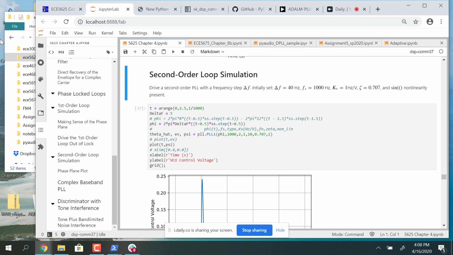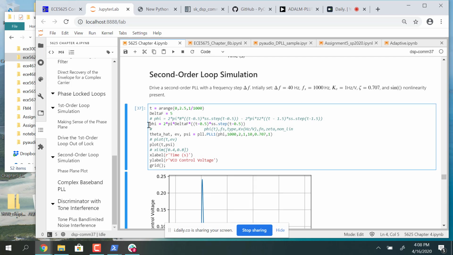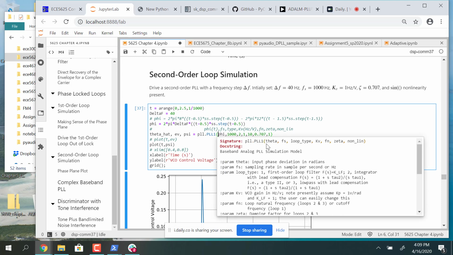So we're going to set up just a frequency step. It looks like in that example I had 40, so I'll put in 40 for delta F. Then in our phase lock loop simulation function, PLL1, we just have to go inside of that and hit Shift Tab to see what the arguments are. Theta is, I put in as phi.